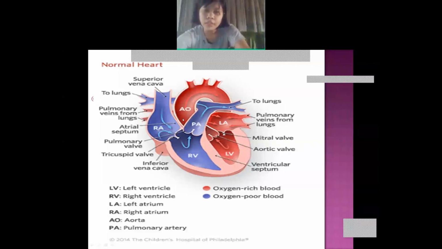This is known as the atrial septum, and downside you will find the ventricular septum. Atrial septum, okay, from the word atrium itself, try to relate with that. And ventricular septum, ventricle, try to relate with that again. So septum is the division of the chambers.